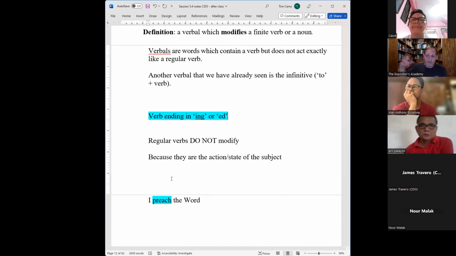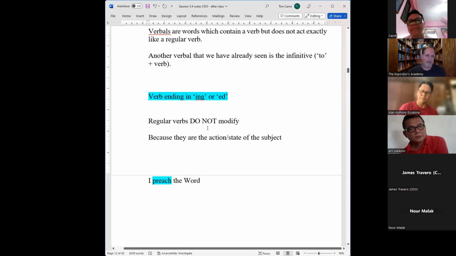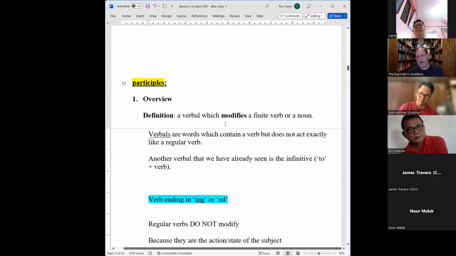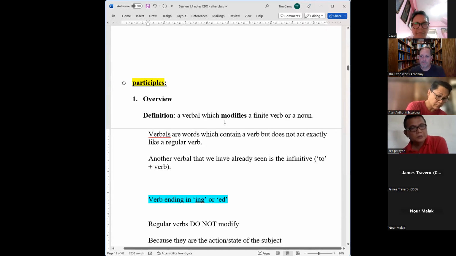Or it could be something else. So I want to give you some help in trying to identify that, because participles are probably going to give you the most problems in looking for connector words. They're going to be the most challenging or difficult to consider.